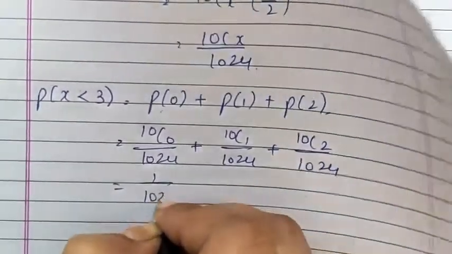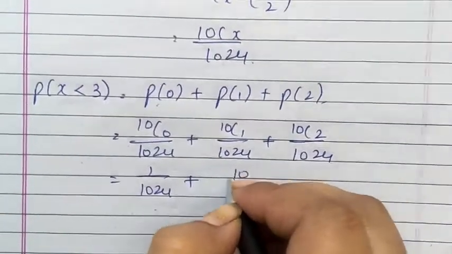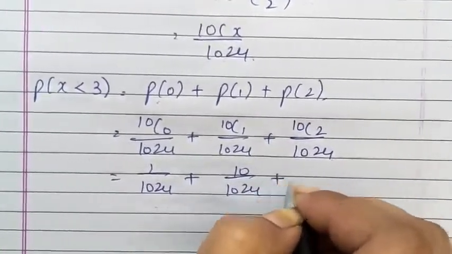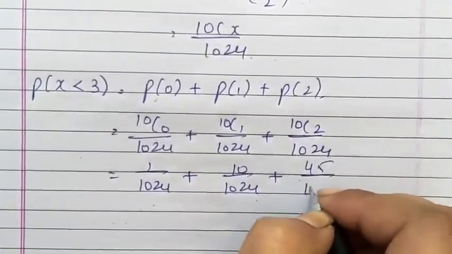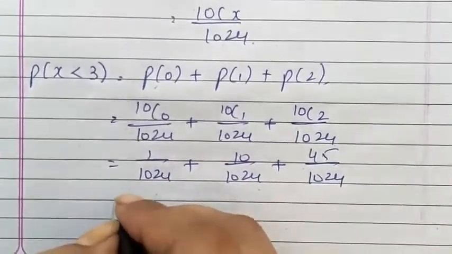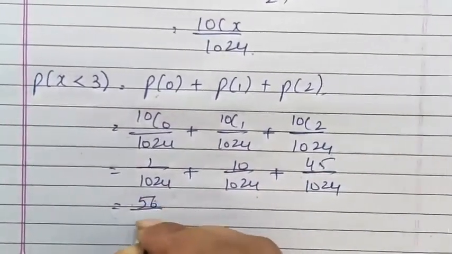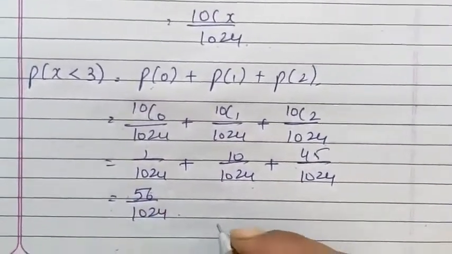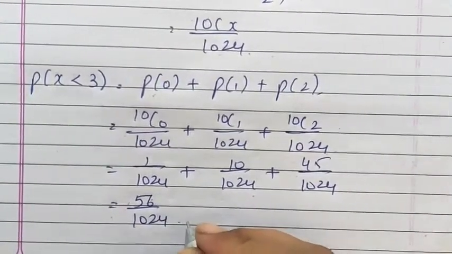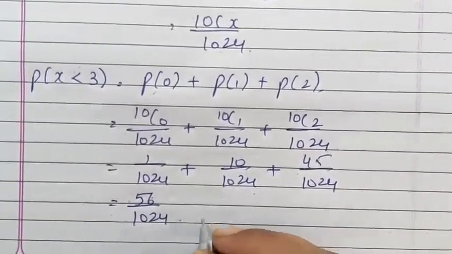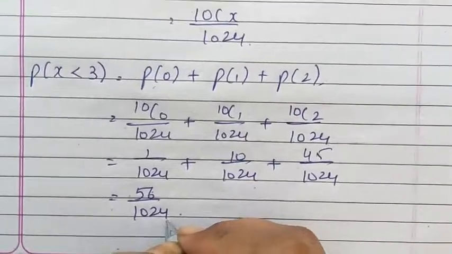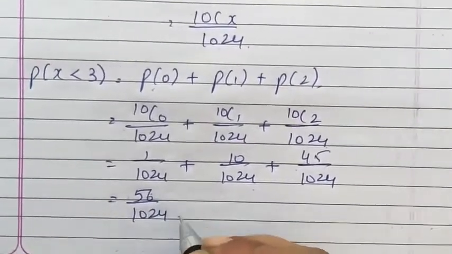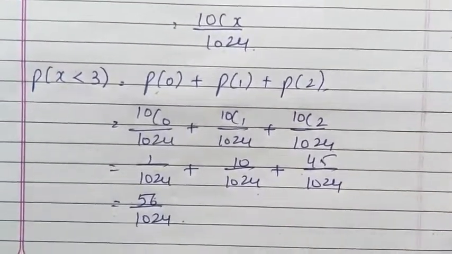This is 1 upon 1024 plus 10 upon 1024 plus 45 upon 1024. So answer is 56 upon 1024. Total number of invigilators are 1024, and P less than 3 is 56 upon 1024.